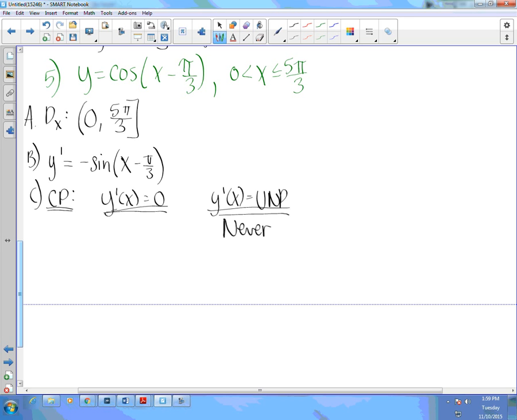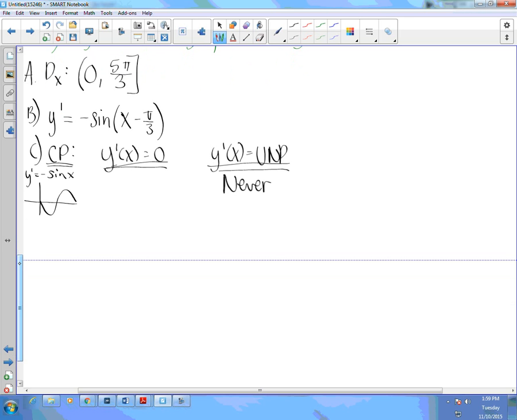The y prime is actually a negative sine function. First of all, a negative sine function, y prime equals negative sine, goes like this, right? 5 pi thirds is before 2 pi.